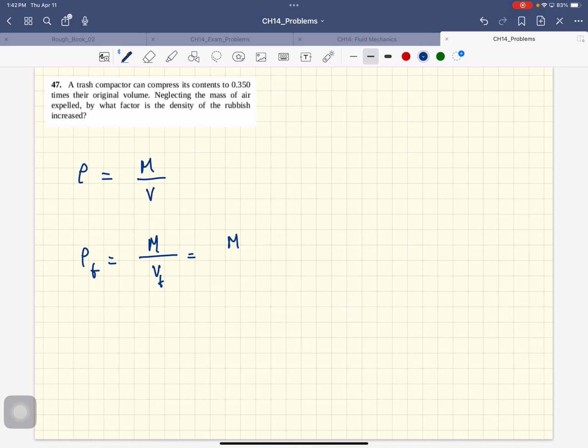And final volume is 0.35 times initial volume. So final density is 1 over 0.35, and this guy is the initial density. So almost 3 times the initial density.